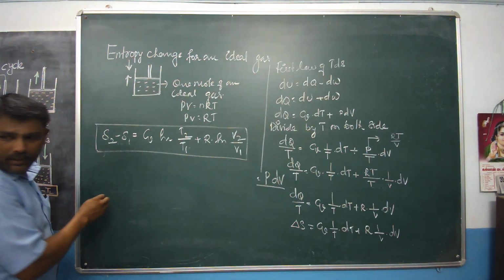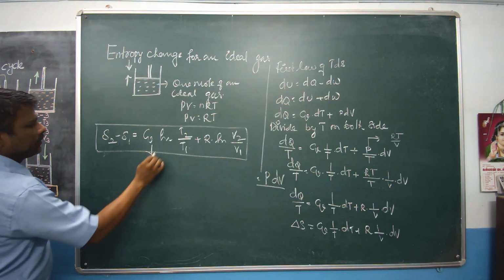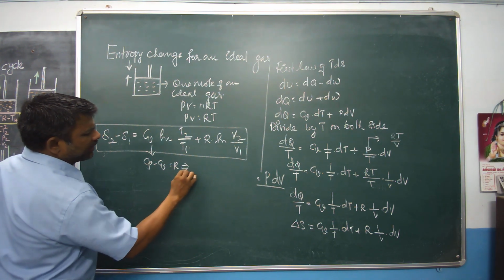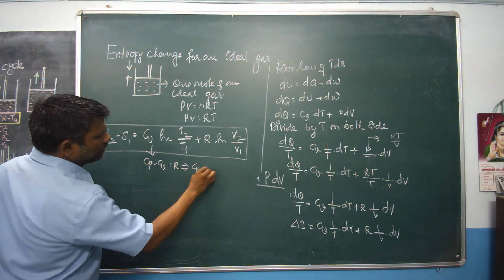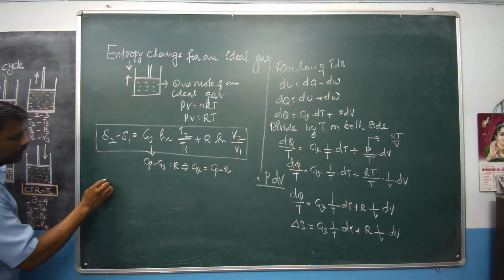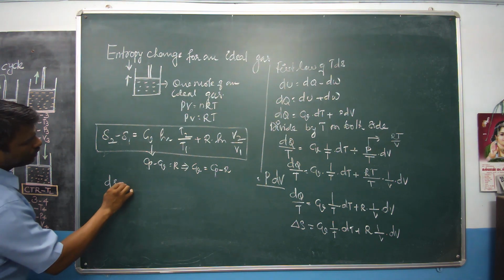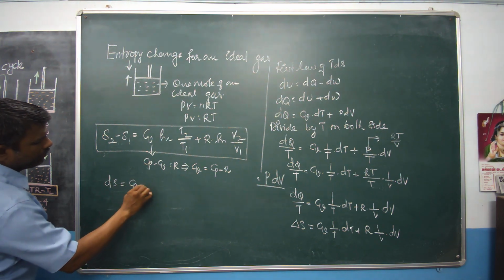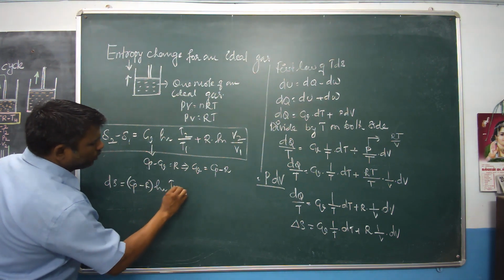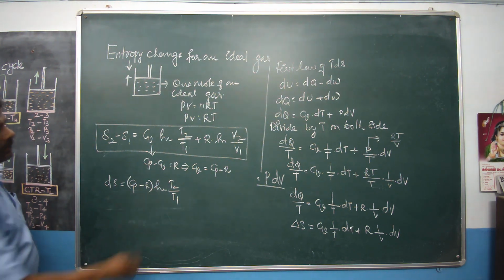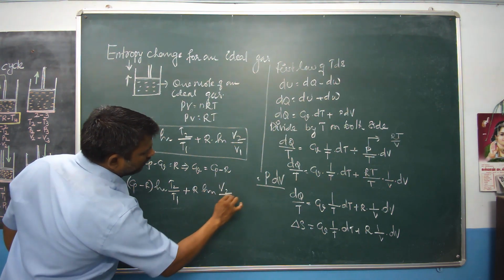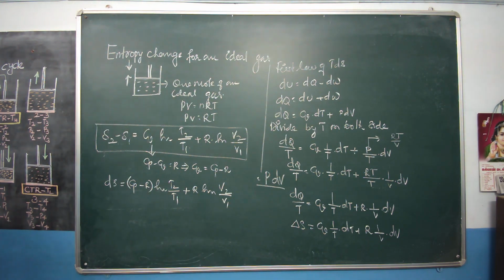Instead of Cv, Cp minus Cv is equal to R. Hence, I can write Cv is equal to Cp minus R. So this equation becomes change in entropy is equal to Cp minus R into ln T2 by T1 plus R ln V2 by V1. Clear?